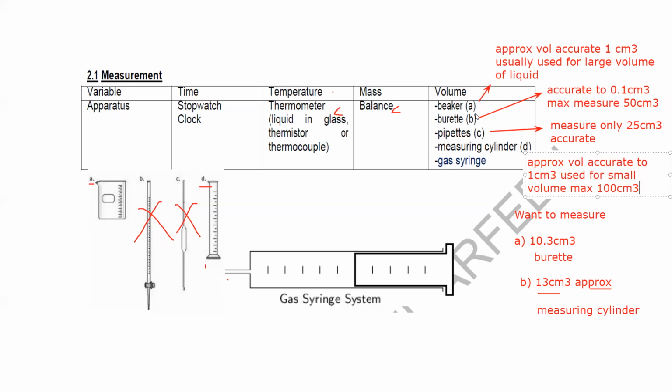Same way, if I want to measure 25.0 cm cube, when I say 25.0, it means I want to measure exactly or accurately. So which one is the most suitable instrument here?